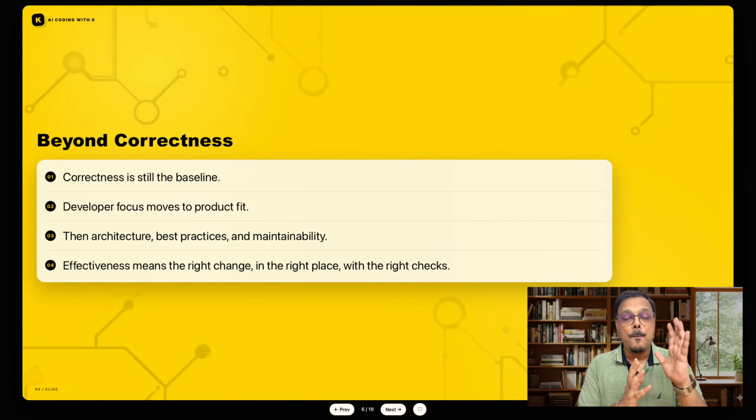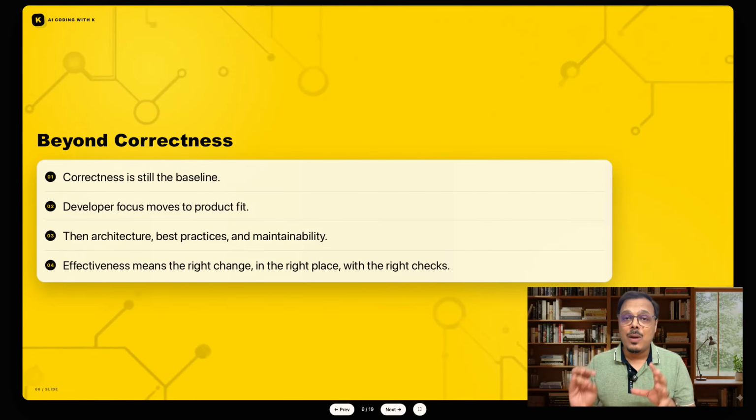That's fine. But correctness versus effectiveness: effectiveness means you build what you wanted to build. It is working as you intended, it is robust, it is not breaking where it really matters, and it has a proper product fit.